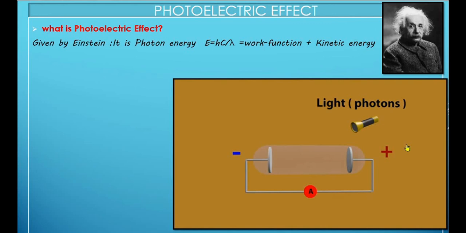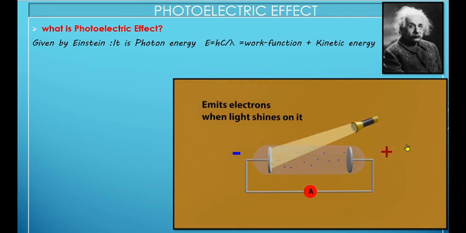And Einstein said that photon energy is a combination of both work function and kinetic energy of the electron. And in this video, we can see that when light or photons fall onto a metallic plate, the cathode, electrons are emitted from that plate. This is the photoelectric effect.